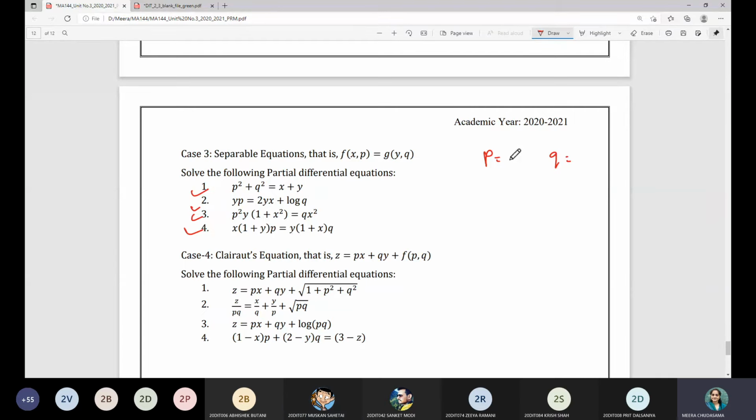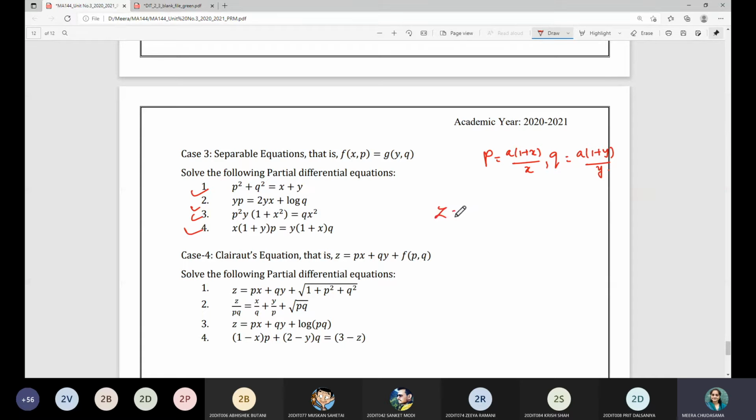Then a, and in the bracket 1 plus y upon y. Yes, correct. Easily you can integrate it. While taking the standard equation, you can separate the terms with this denominator. So it will be simplified and you can have the final complete integral.